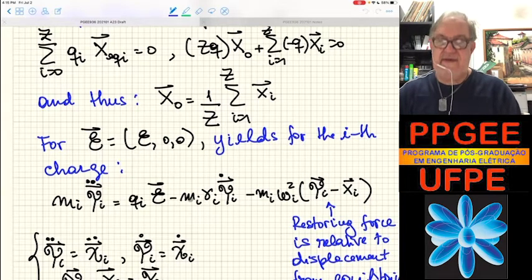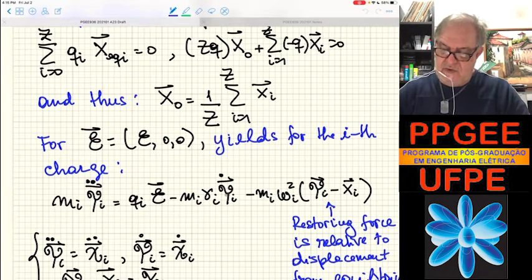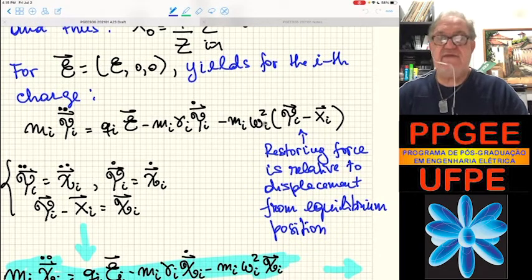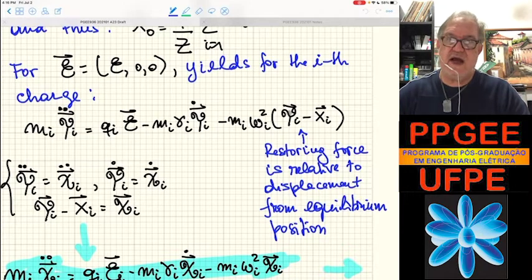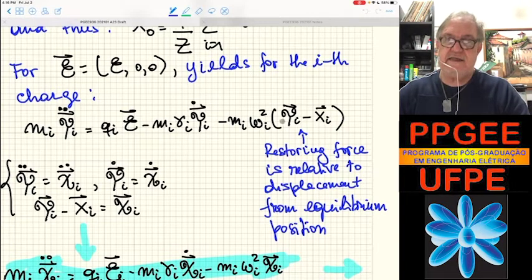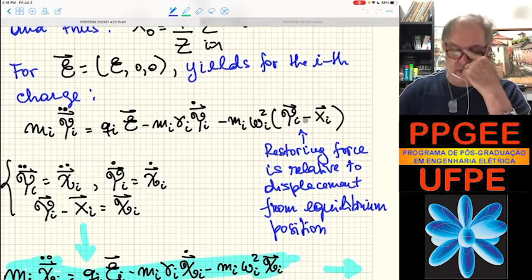Then we have the viscous force, which has to do with the time variation of the position vector. And we have the elastic force, but we have to be careful. The elastic force is related to the displacement of the ith charge. The restoring force is relative to the displacement from the equilibrium position. So it's the absolute value minus the equilibrium value. That's the displacement. That's how you calculate this restoring force.